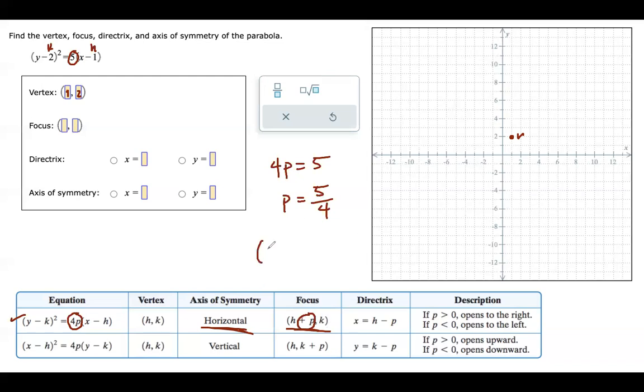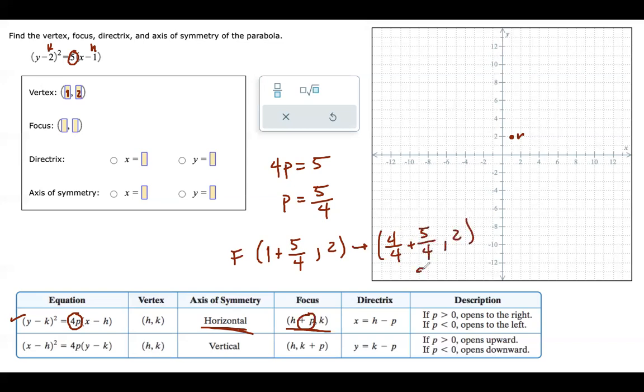So if h is 1 and we're moving p units to the right, we're going to add 5 over 4 units, comma, k, in this case 2. And this right here will be our focus. So now if that's a focus, I'm going to use the formula, and instead of thinking of 1, I'm going to think of it as 4 over 4 plus 5 over 4, comma 2.